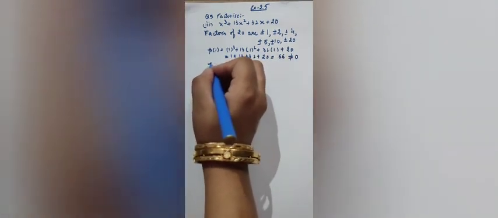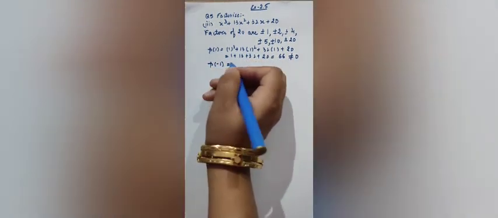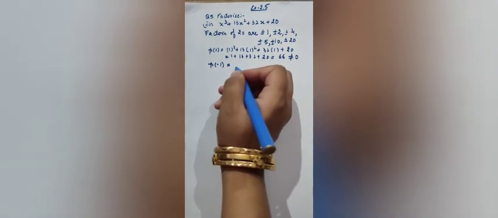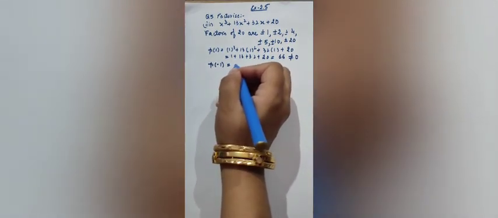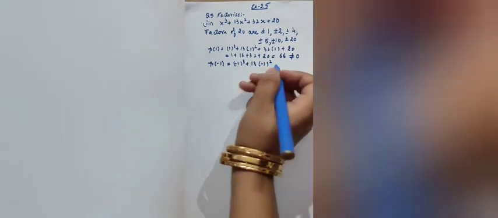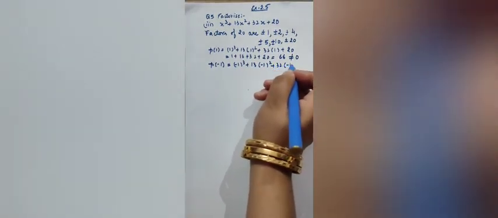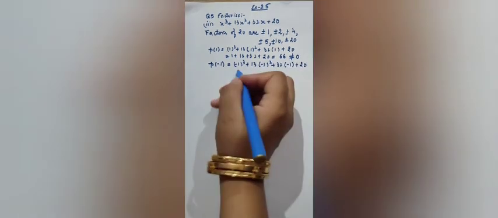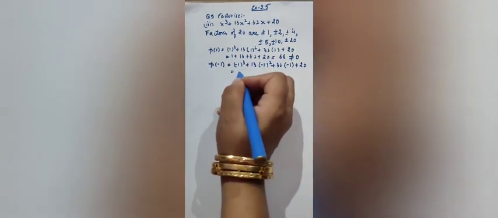So let us take another number, that is minus 1, because we have written here plus minus 1, right? So minus 1 cube plus 13 into minus 1 square plus 32 into minus 1 plus 20. Let us see whether I get 0 as the answer or not.